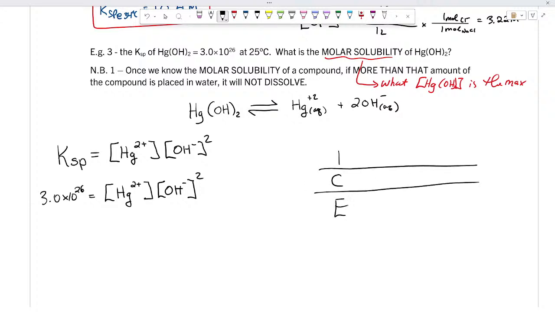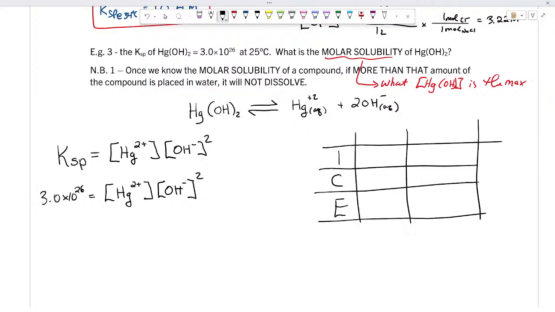Now here, we actually don't have to worry about solid mercury hydroxide because you can't have the concentration of something like that, right? Does that make sense? So, when we start off, before we have dissolved anything, what is the concentration of our two things here? Yeah, of course, we start out with nothing dissolved. Now, the concentration of these, are they going to go up or down?